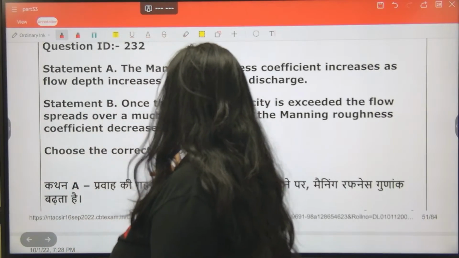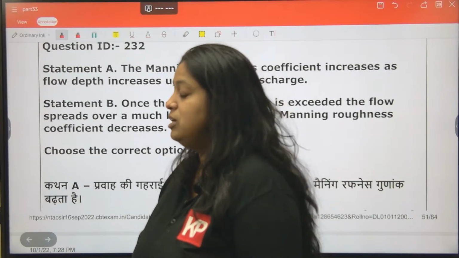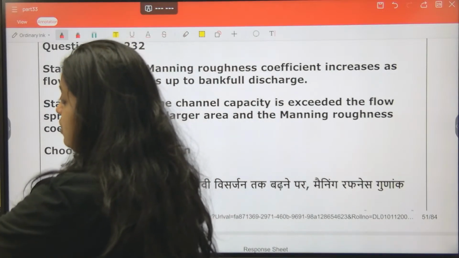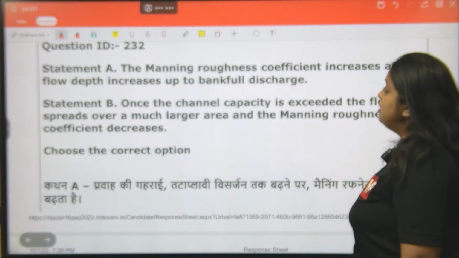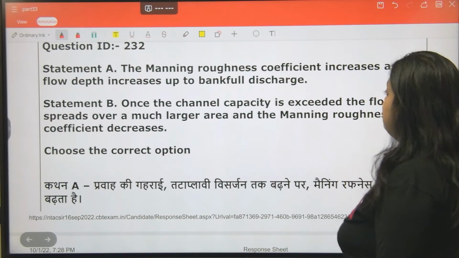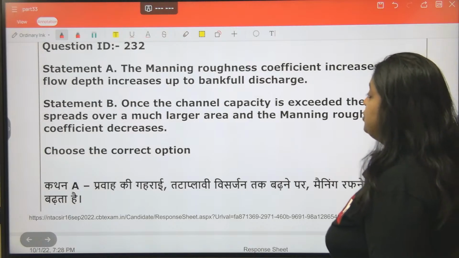Okay, next one is two different statements. This is from geomorphology questions. Statement 1, the Manning roughness coefficient increases as the flow depth increases up to bank full discharge.